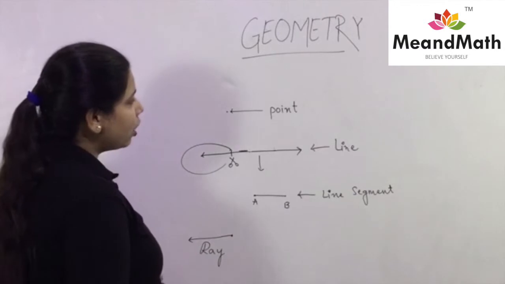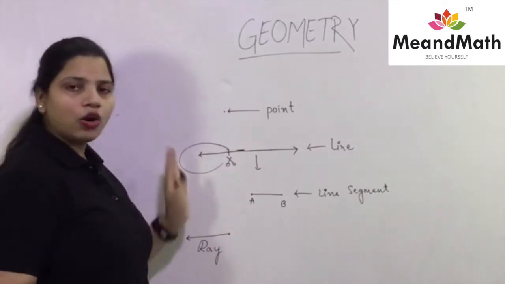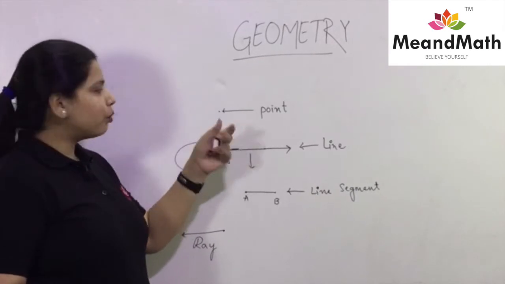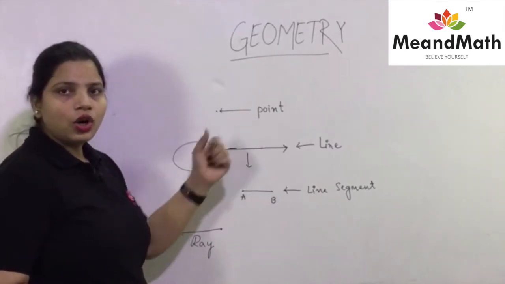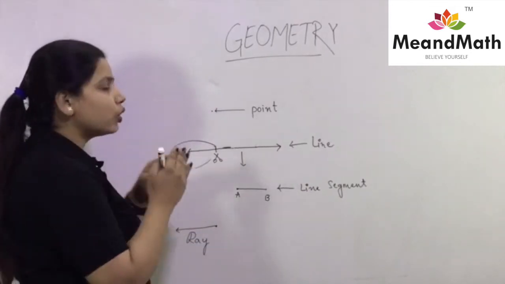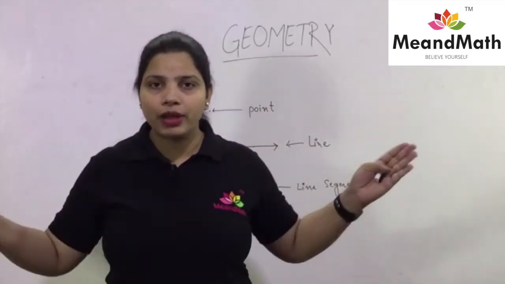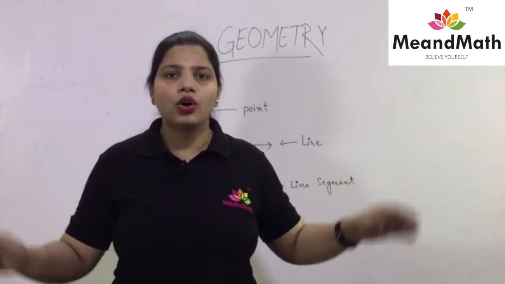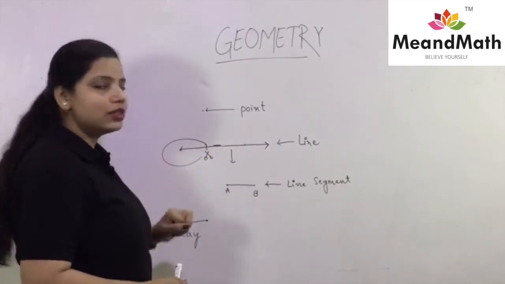So if we talk about all these terms, first of all, we have introduced point. A point is nothing but a dot on a plane. Then it's line. When we join lots of points together, it forms a line, and line has no end point. It extends on both sides. So this is a line.